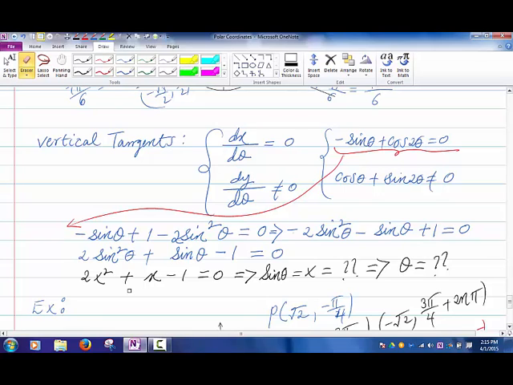So it should be just sine theta, and that would be just x. So I have 2x squared plus x minus 1. So use the quadratic formula to come up with x, and then x will have 2 values, plus or minus, and then you have to find out a theta. So sine theta would be the same as x values, and then come up with theta values. Is that making sense? All right.